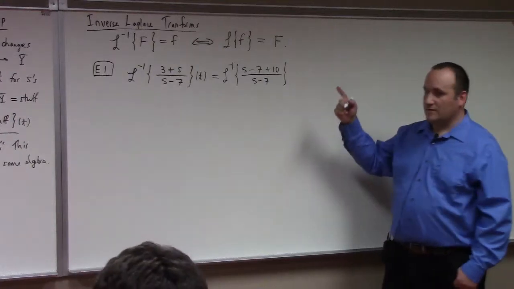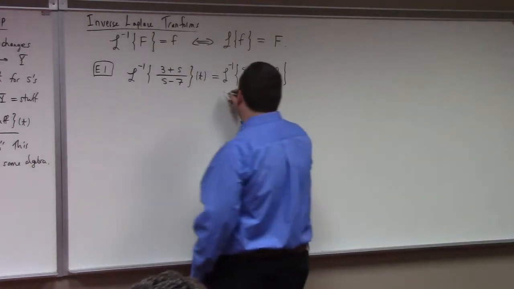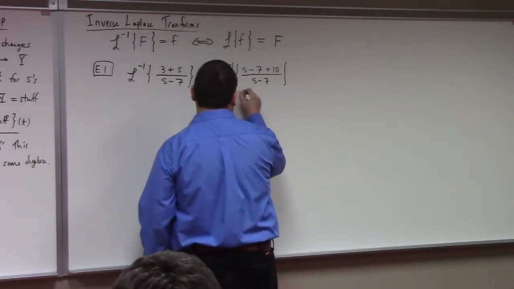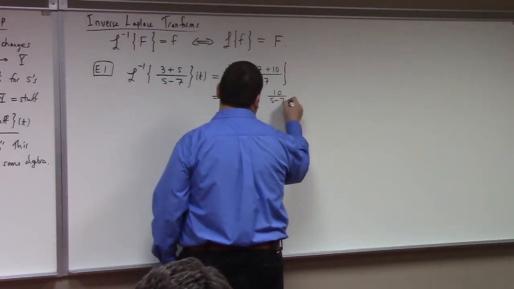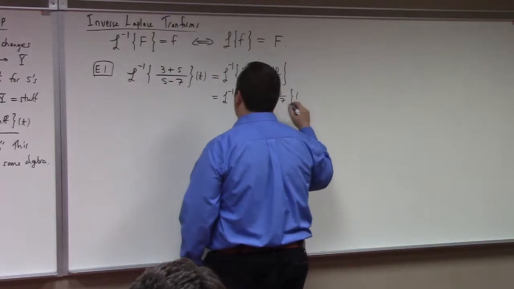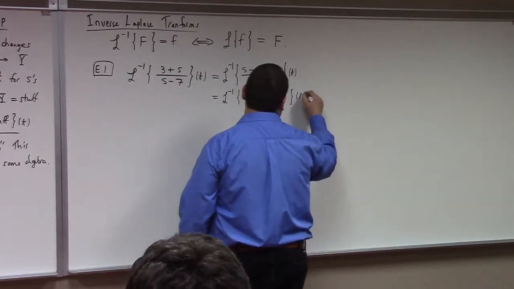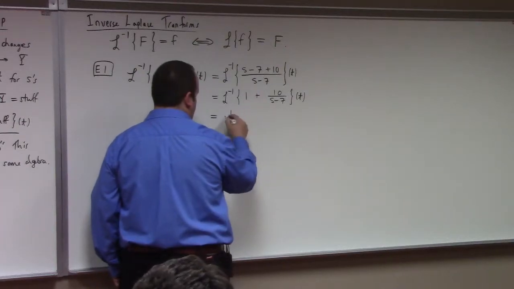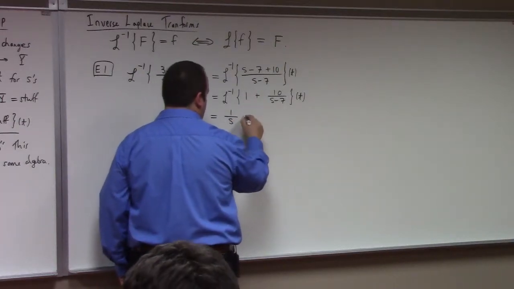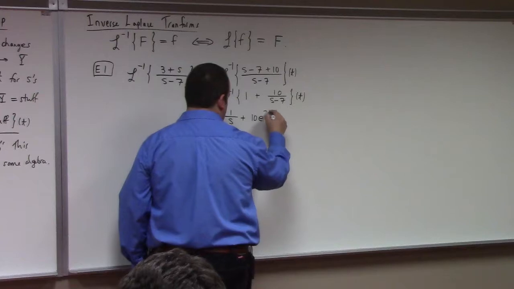Now we can use algebra, and that's really the inverse Laplace transform of 1 plus 10 over s minus 7, right? And so what's that? That's going to give me 1 over s, plus 10 times e to the 7t.